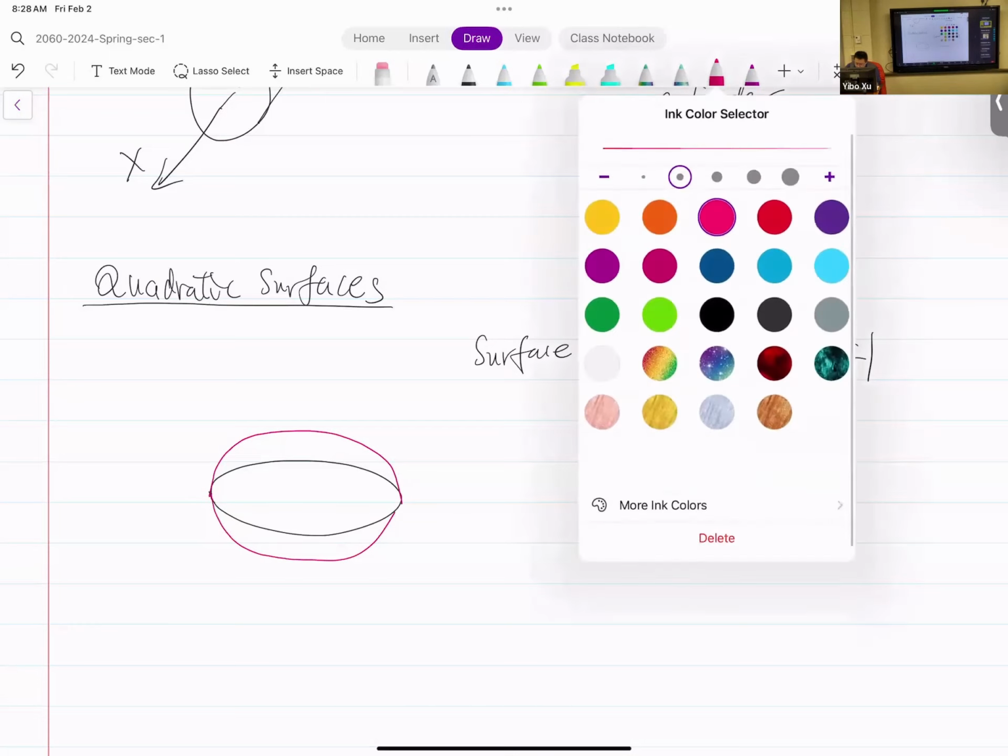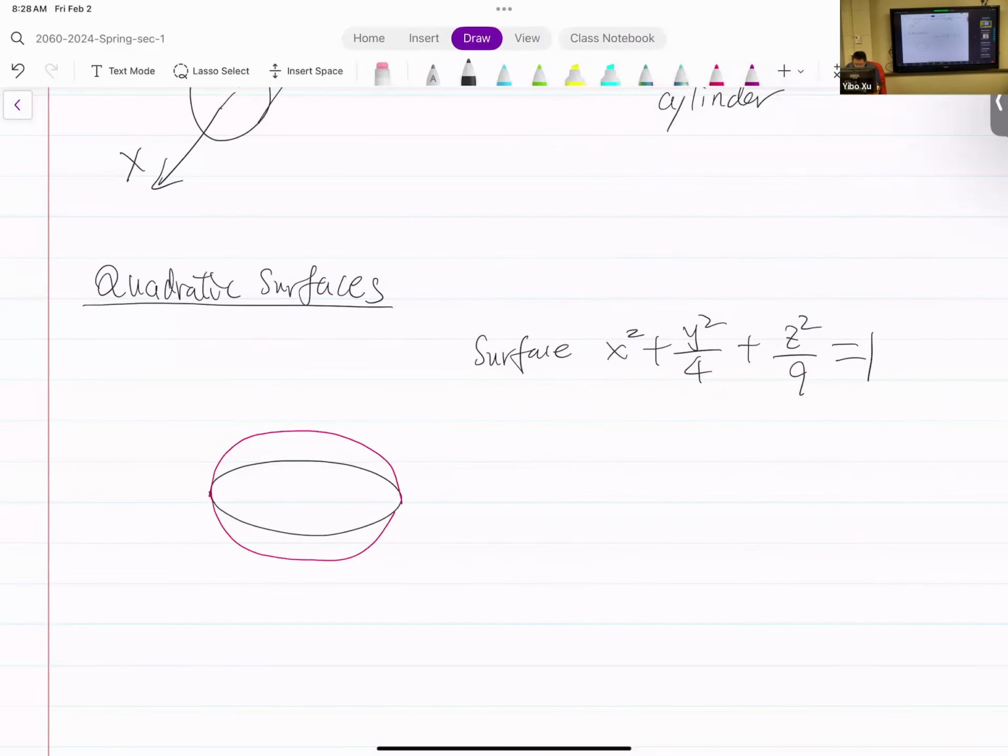So here I'm just gonna illustrate what I've done now. This one in black is the ellipse that you get if you have z equal to 0. x squared plus y squared over 4 is now 1, right? That's an ellipse. This is the xy trace.